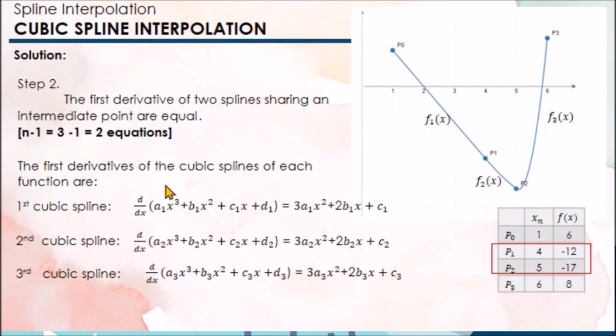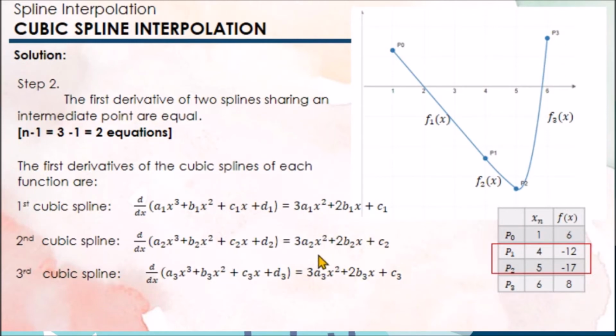So the first derivatives of the cubic splines of each function are as follows. When we take the first derivative, for our first cubic spline we have 3a sub 1 x squared plus 2b sub 1 x plus c sub 1.